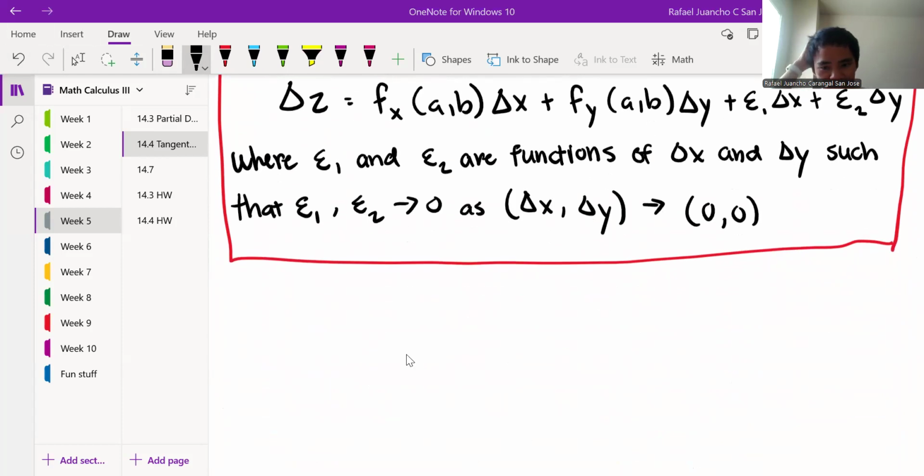That definition says that a differentiable function is one for which the linear approximation is a good approximation when our x, y point is near (a, b). And so, in other words, the tangent plane approximates the graph of f well near the point of tangency.